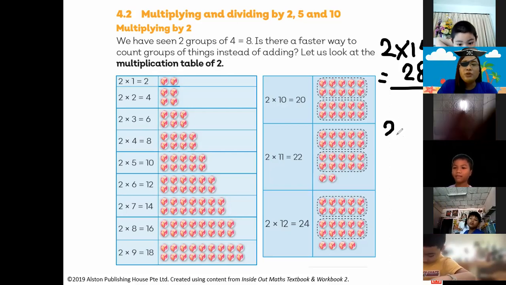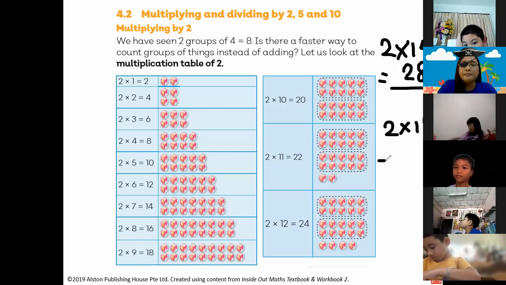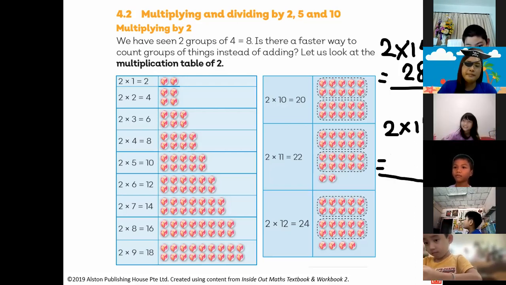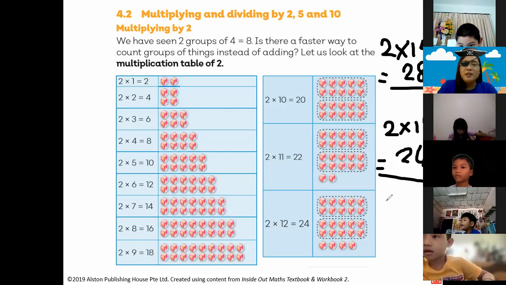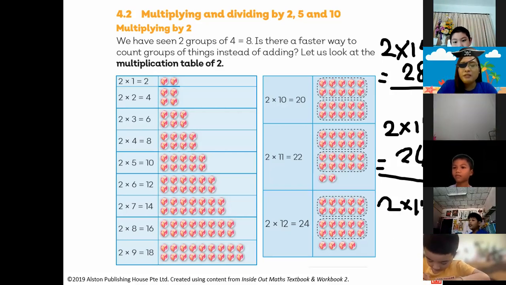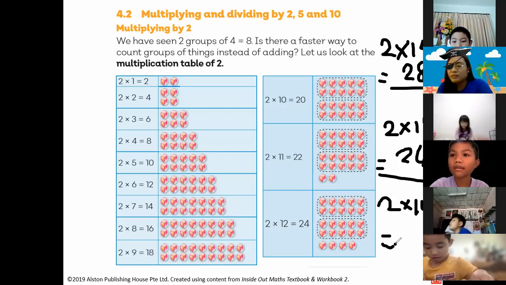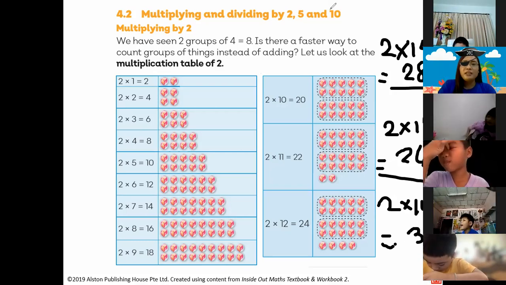What about 2 times 13? 26. What about 2 times 15? 30, okay. All right.